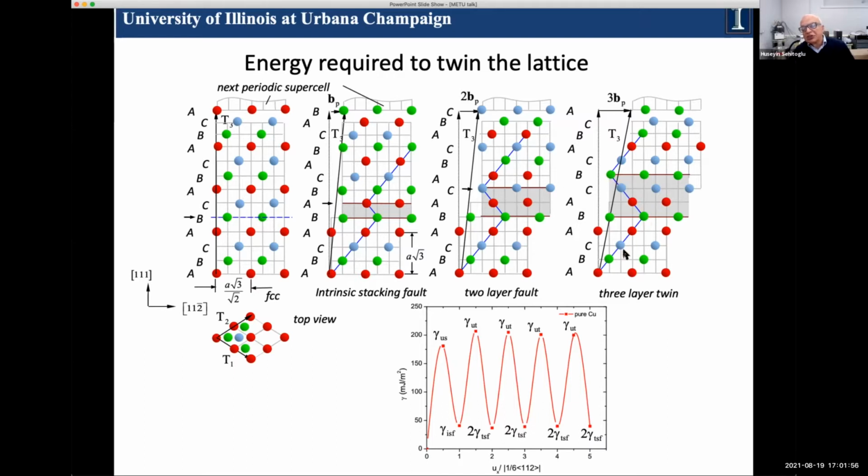So it is a successive shearing of the planes and produces this energy barrier.